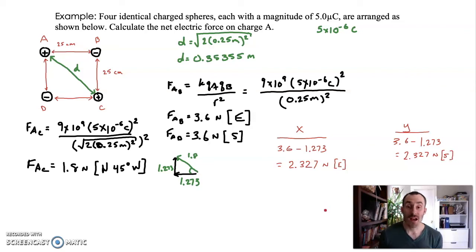Okay, so now we have one x component, one y component. We need to put them together to get our total force acting on A. And here's what it looks like. We have an east force acting on A and a south force acting on A. They're exactly the same, 2.327 and 2.327.